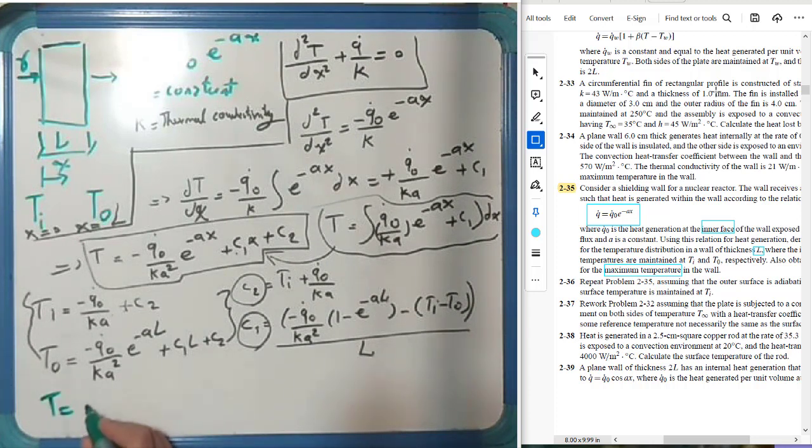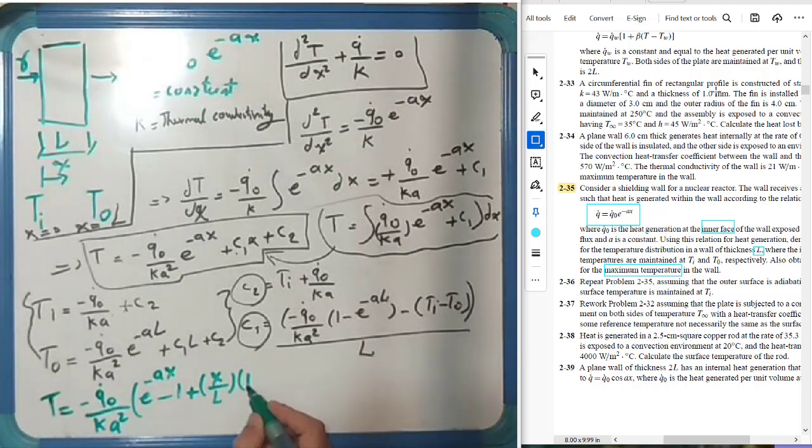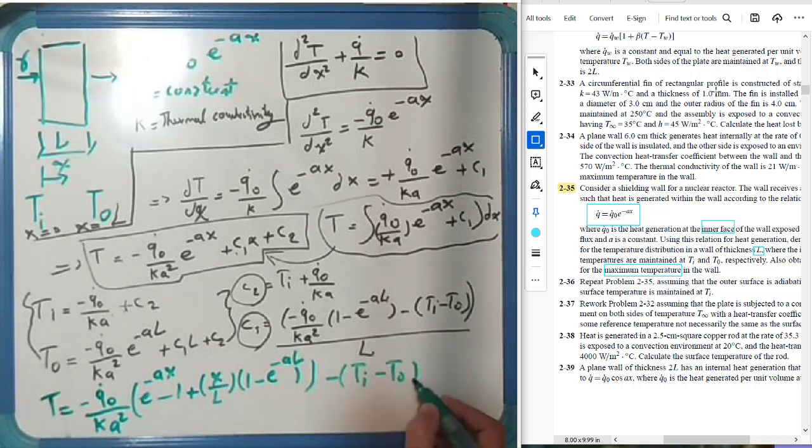It would be something like that: minus q dot o divided by ka square, e to the minus ax minus 1 plus x over l multiplied by 1 minus e to the power of minus al, okay, minus Ti minus To, x over l, plus Ti.